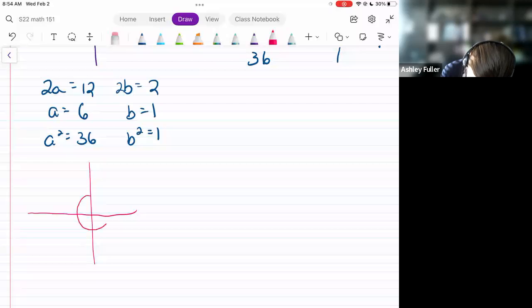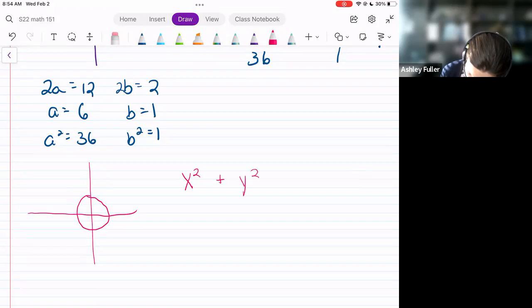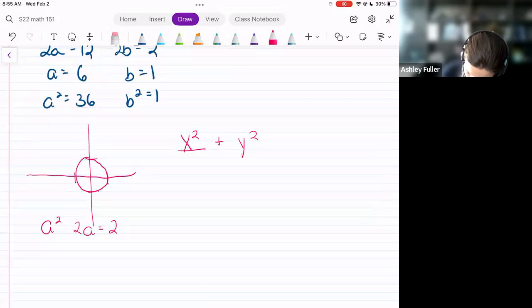If you take a circle centered at (0, 0), notice we have x squared plus y squared. And then if our distance here, let's suppose this is 1 in each direction, a distance of 2, so that tells us 2a is a distance of 2.